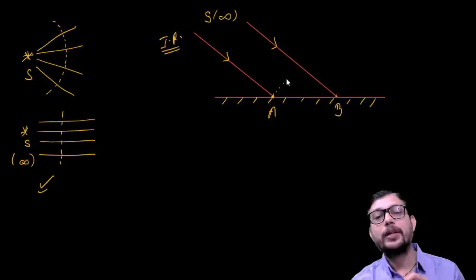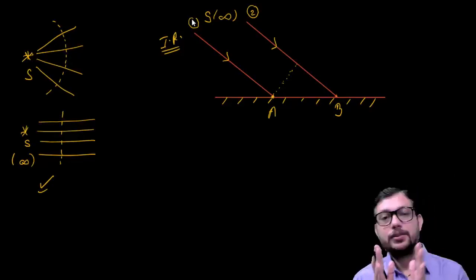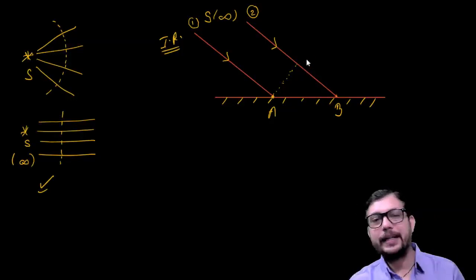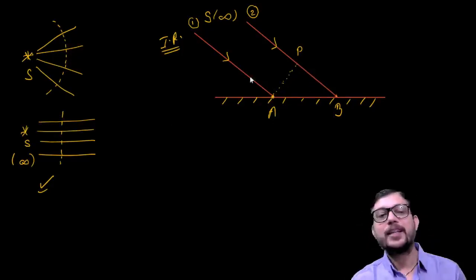This is the perpendicular which starts from point A and goes to ray 2. This is your ray 2 and this is your ray 1. Okay, so A is the starting point, and here let there be point P. Okay, and P is the final point, and this is AP. AP is your primary wavefront.